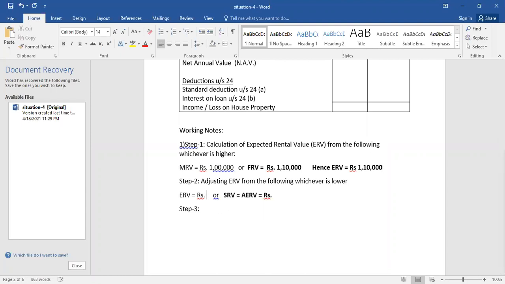ERV, which we already calculated in step number 1, is 1 lakh 10,000, and SRV is 75,000 rupees. Whichever is lower is 75,000. So it is not ERV, it is the adjusted ERV, that is, AERV: 75,000 rupees.